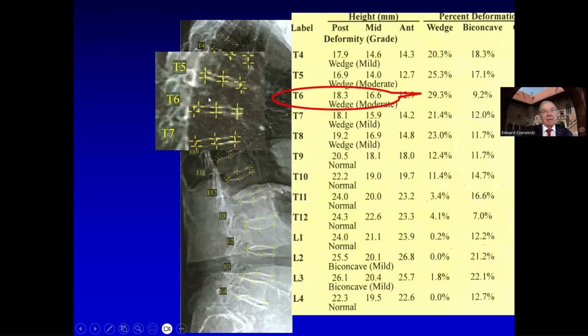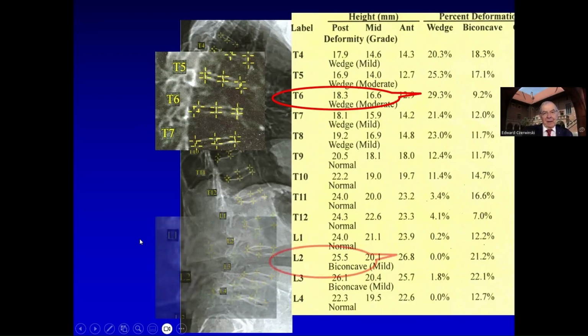So here is the measurement of T6, and you see that the anterior wall is much smaller than the posterior. The posterior is 18 millimeters, the anterior 12, so there is a moderate wedge fracture, 29 degrees. I have another, biconcave, mild fracture, 21.